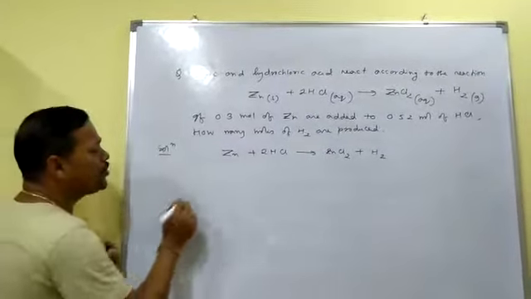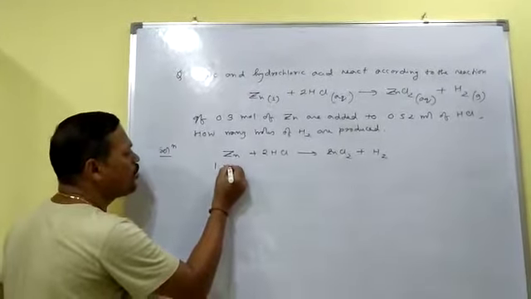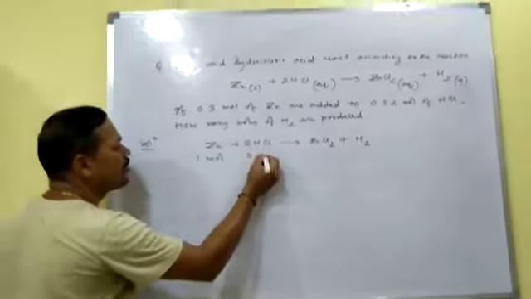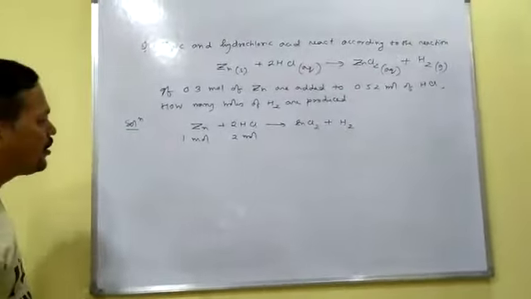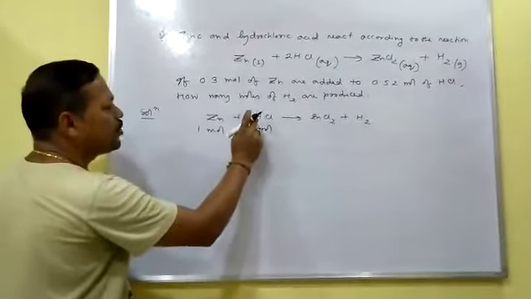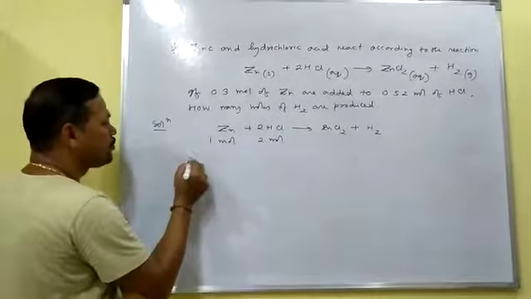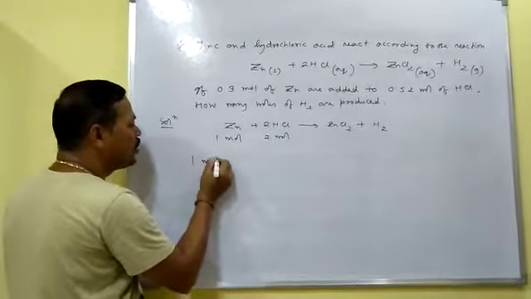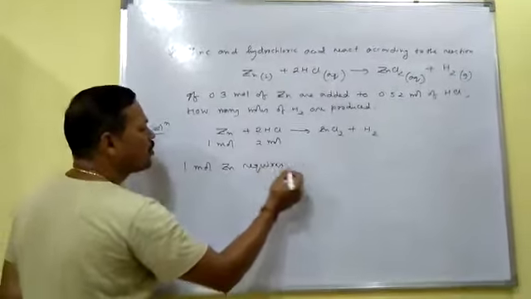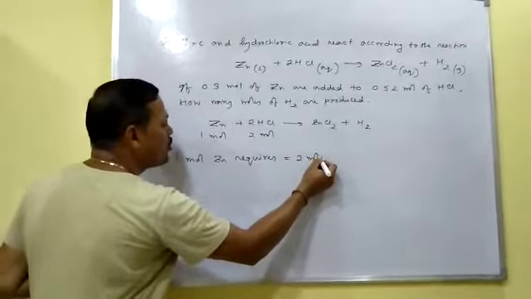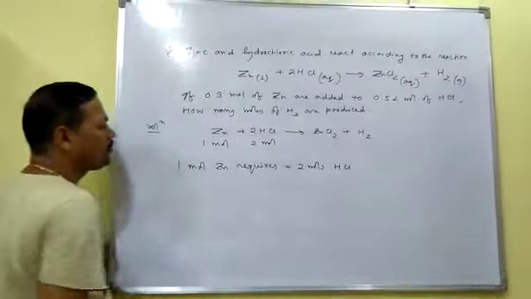Now according to the reaction, zinc is 1 mole, HCl is 2 mole. In the balanced chemical reaction, 1 mole zinc reacts with 2 moles HCl. Now I will write like this: 1 mole zinc requires 2 moles HCl.